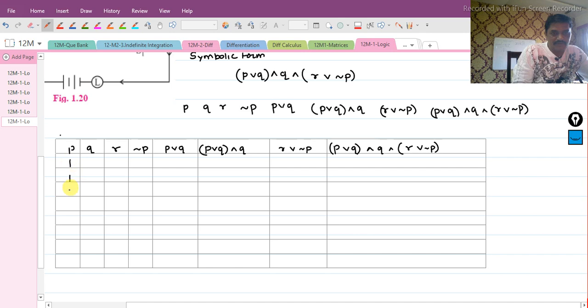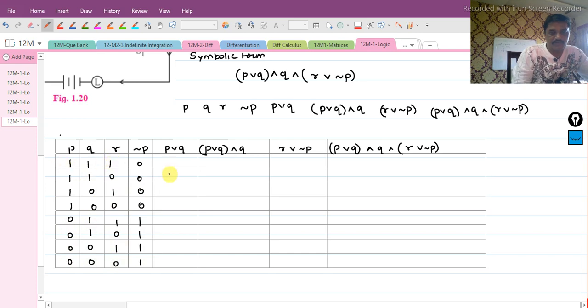This is 1 1 1 1 0 0 0 0, 1 1 0 0 1 1 0 0, 1 0 1 0 1 0 1 0. Negation P is 0 0 0 0 1 1 1 1.